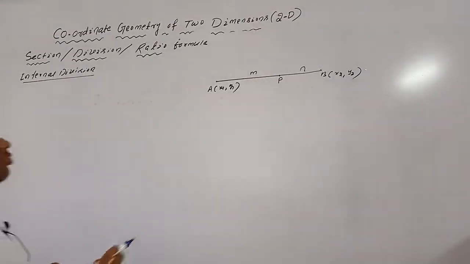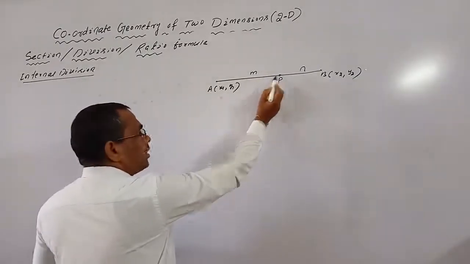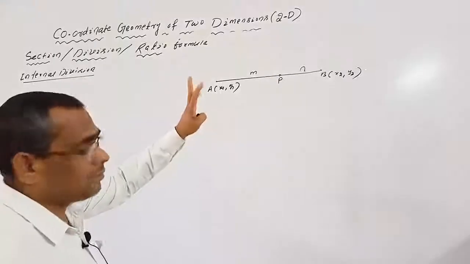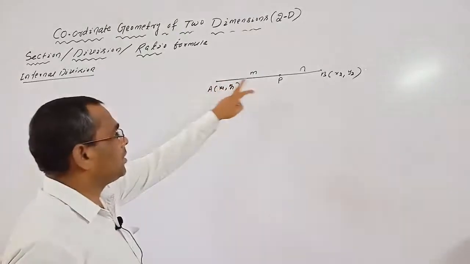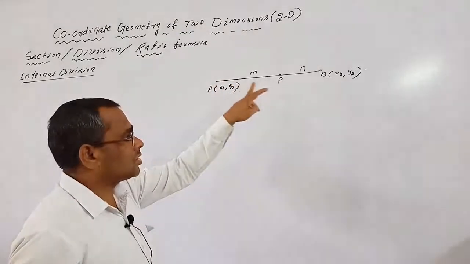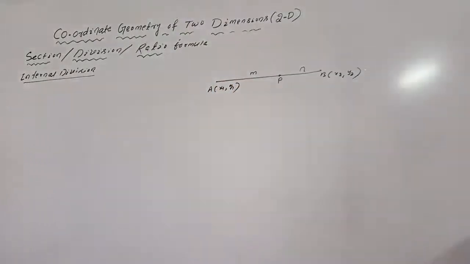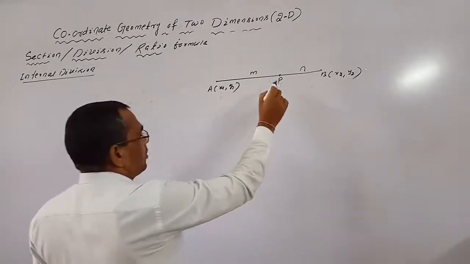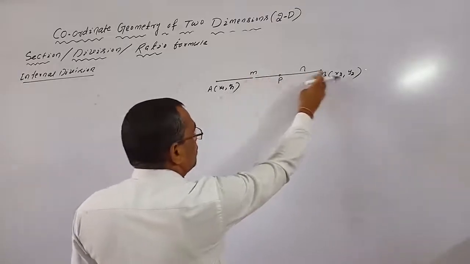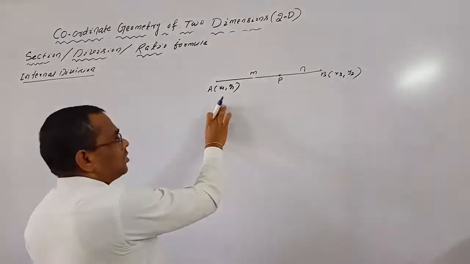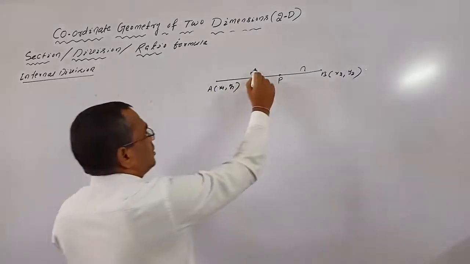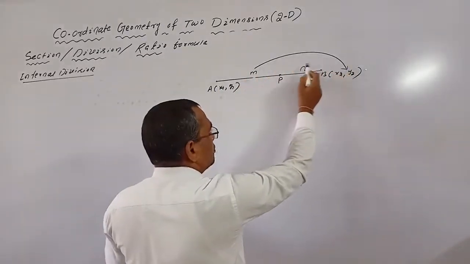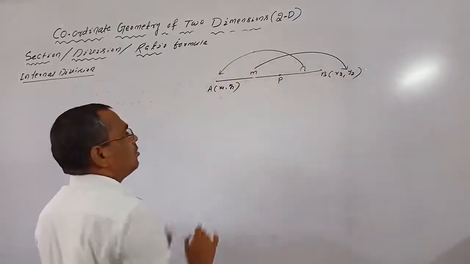So what will be the coordinate of the point P? If P divides the line segment AB in the ratio m:n, meaning AP:PB is m:n, then the coordinate of the point P equals mx2 plus nx1 by m plus n, comma my2 plus ny1 by m plus n. Here m multiplies with the second point, n multiplies with the first.